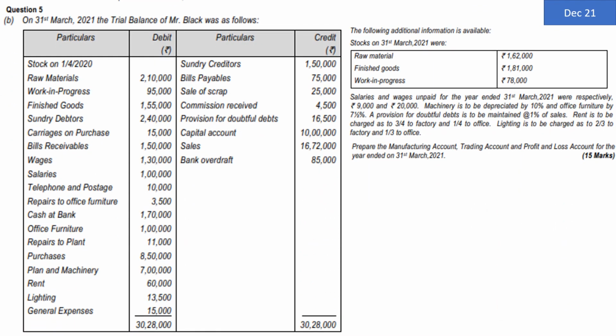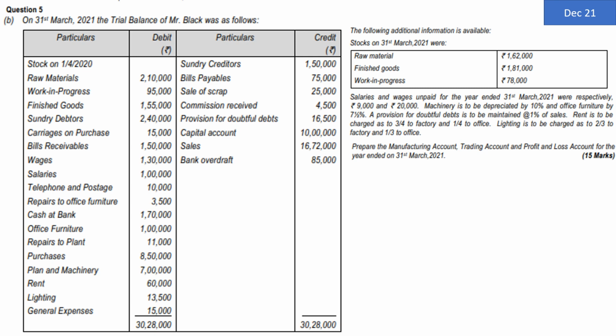On 31st of March 2021, the trial balance of Mr. Black was as follows. On the debit side, you have stock on 1/4/2020, raw materials, WIP, finished goods, debtors, carriage on purchases, bills receivable, wages, salaries, telephone and postage, repairs to office furniture, cash at bank, office furniture, repairs to plant, purchases, plant and machinery, rent, lighting, general expenses.